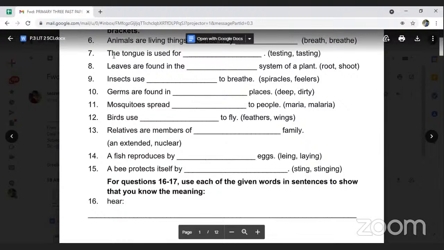The question says animals are living things because they, what is the answer? Yes, Asante? Breathe. Because they breathe. This one here, if you can see my cursor, this one is the correct one with the E. That is breathe.